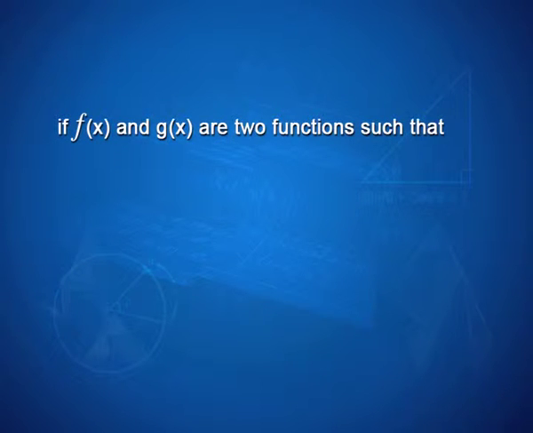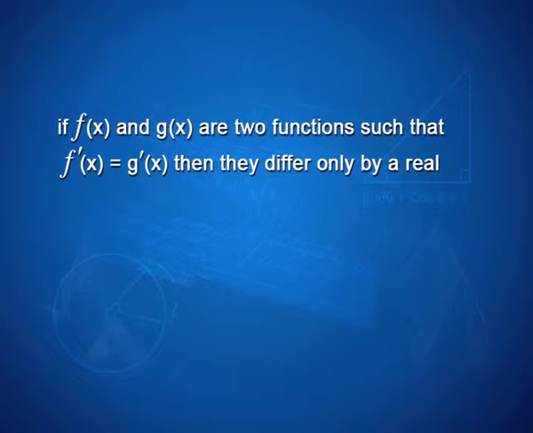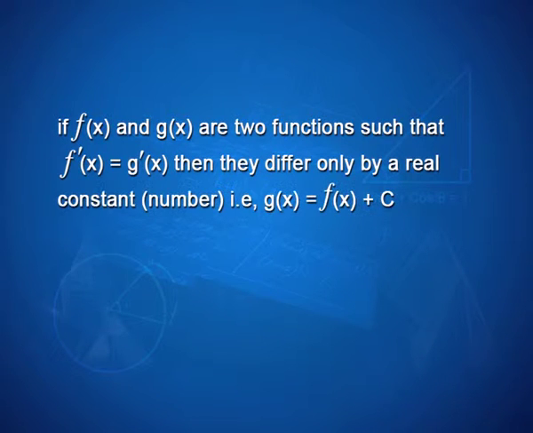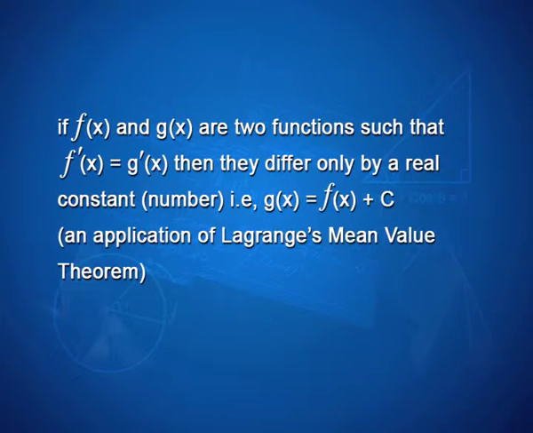For if f of x and g of x are two functions such that f dash x is equal to g dash x, then they differ only by a real constant number, that is g of x is equal to f of x plus c, an application of Lagrange's mean value theorem.